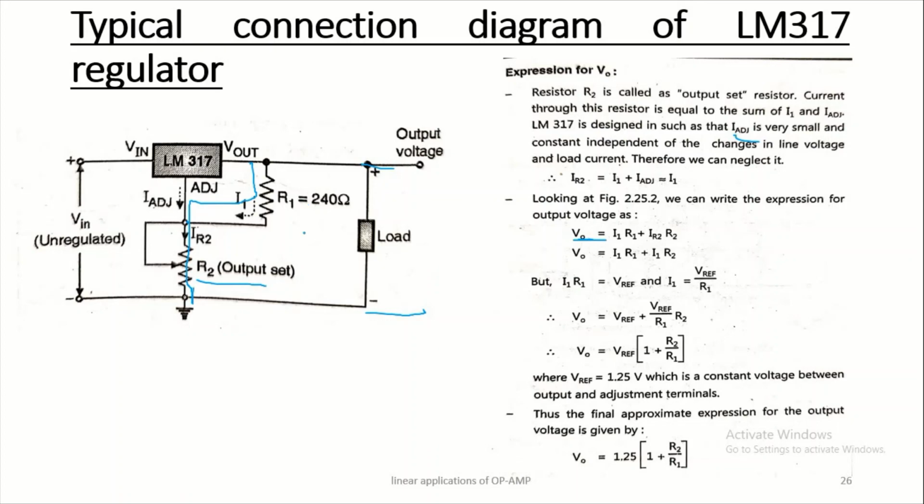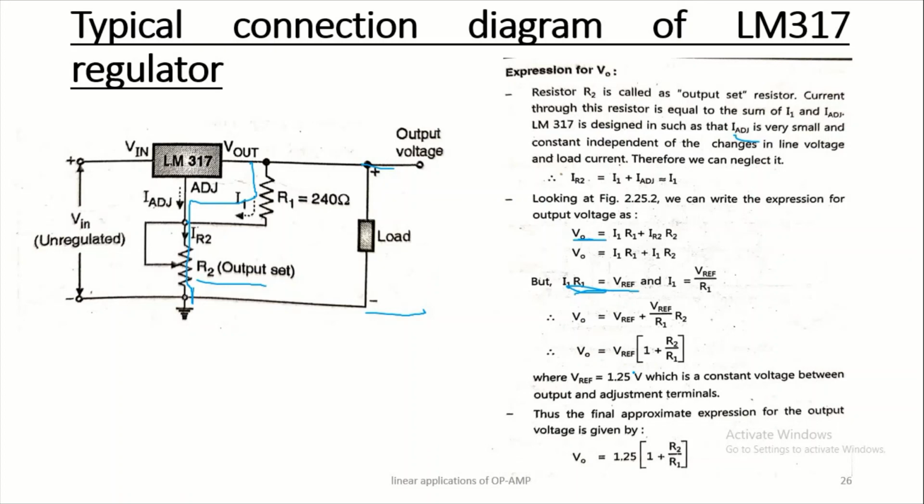So I1 R1 plus IR2 R2, but IR2 is I1, so replacing IR2 by I1, the equation becomes V0 is equal to I1 R1 plus I1 R2. But I1 R1 is V reference, and I1 is equal to V reference by R1. So V0 is equal to V reference plus V reference upon R1 into R2.